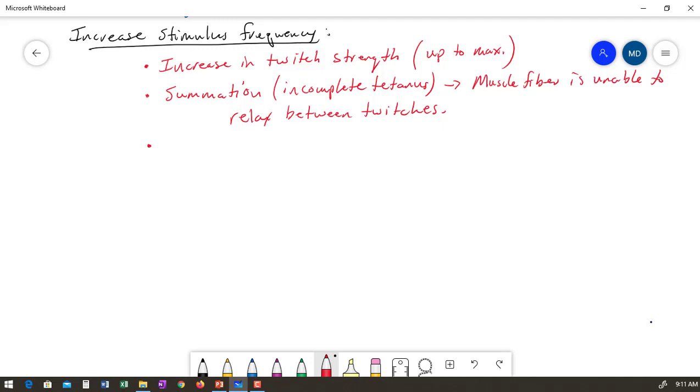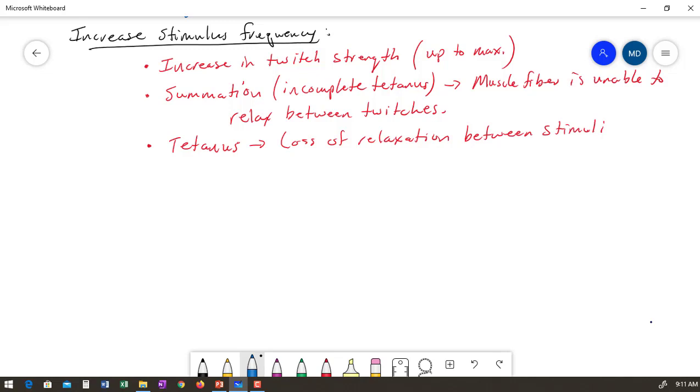Finally, in the next step, summation leads to tetanus. And tetanus refers to a loss, and when I say loss, I mean complete loss of relaxation between stimuli. Again, here I'm still talking about the muscle, so basically what we're doing is moving up as far as contraction strength goes.